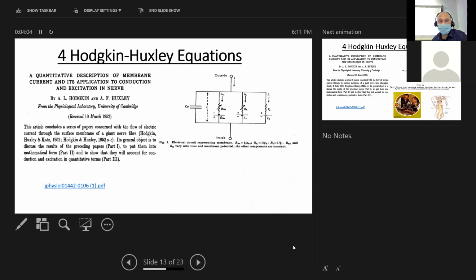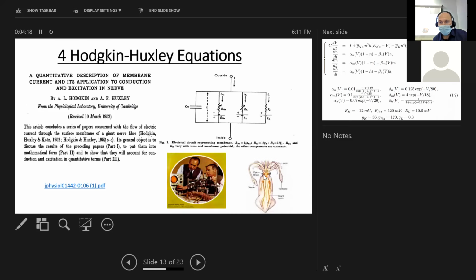Hodgkin and Huxley were two physicists from University of Cambridge, and they worked on the giant axon of the squid. You know this animal? So they were doing experiments on the axon, the nerve of this animal.